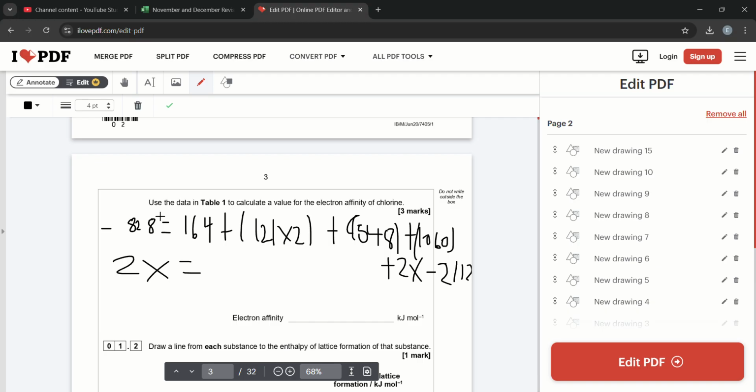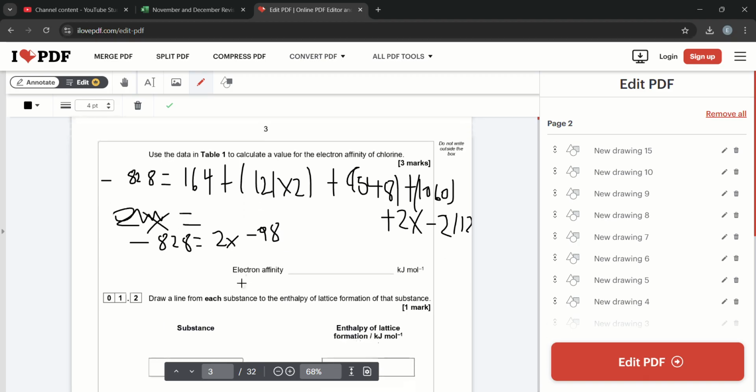So we get minus 828 equals 2x minus 98. Oh, that's why I made a mistake. I did minus 98, we add 98. 2x equals minus 730. Therefore, the electron affinity of chlorine is minus 365 kilojoules per mole to the power minus 1.